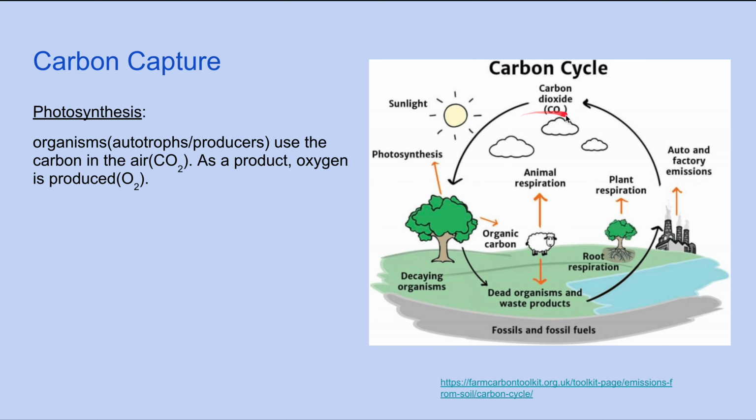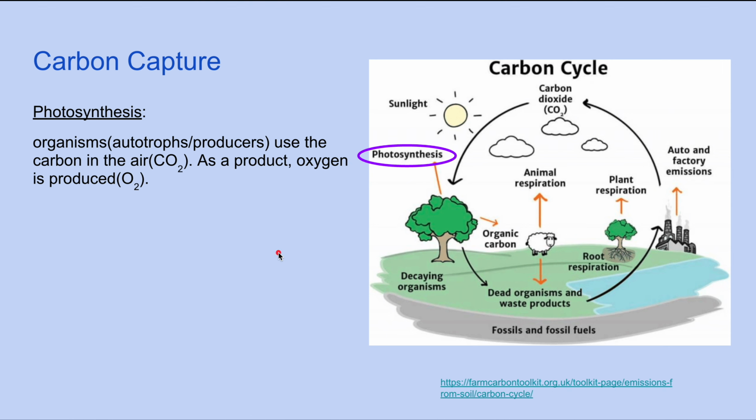As we see here in the carbon dioxide cycle, we start off with carbon dioxide in the atmosphere. As we go down, the next stop is photosynthesis. In this, as a product, oxygen is released for animals to inhale or for other organisms to use as energy, which we will see later.